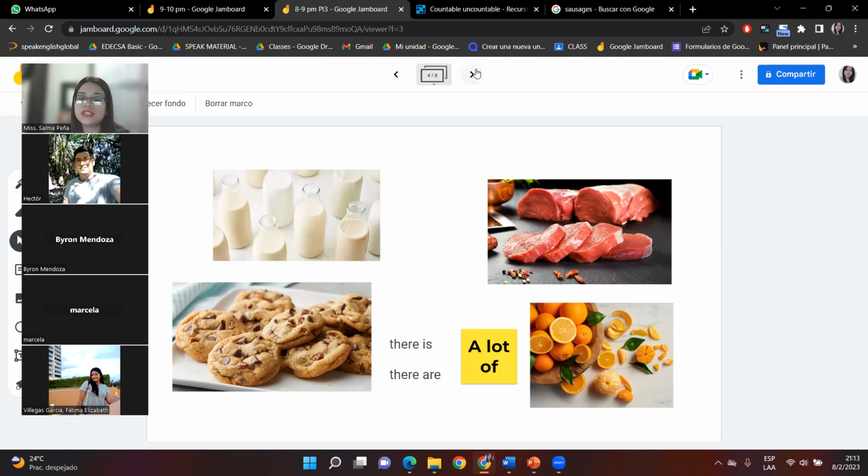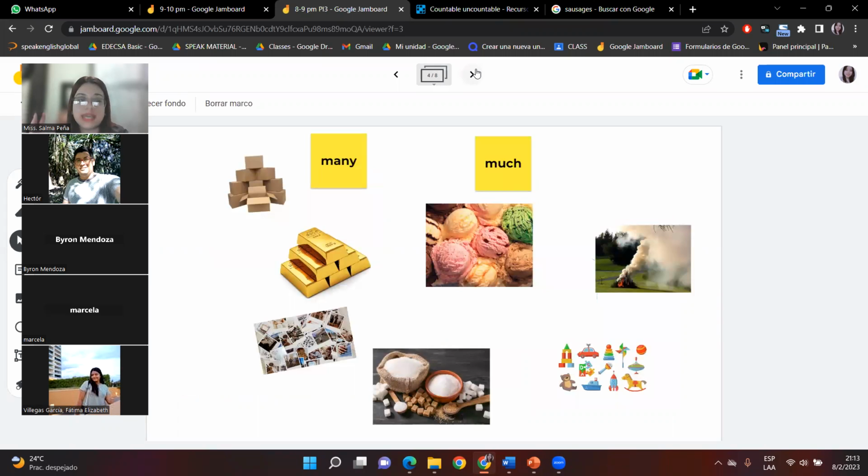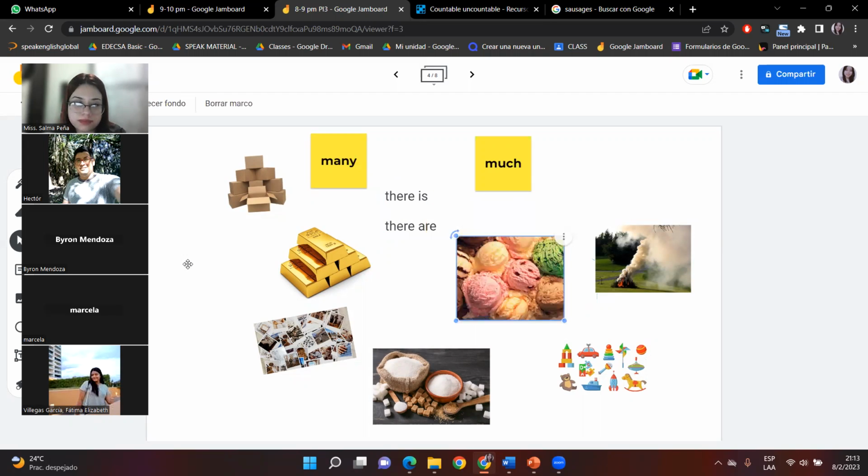Now, we have other expressions that can be used to talk about several: many and much. But here, we should classify between countable and uncountable nouns. We have to be careful. And the type of sentence would be the same. You can say there is and there are.